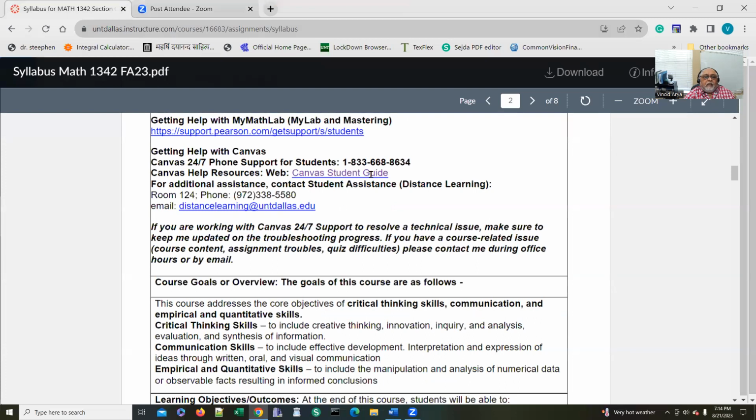And then for Canvas, the good thing is you can contact them by phone, and that is the phone number. Okay. So you can use that phone number directly and contact them. For MyMathLab, you have to contact them via an email, or they have the chat option, but they don't provide you with a phone option.